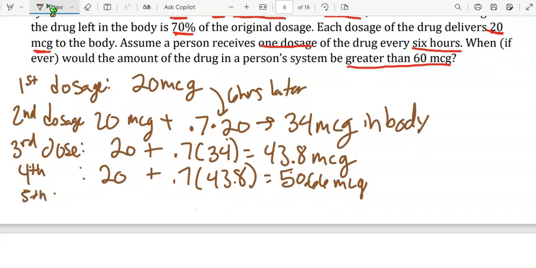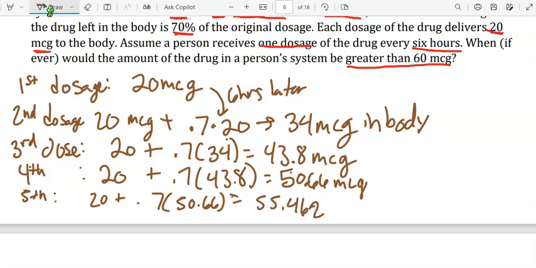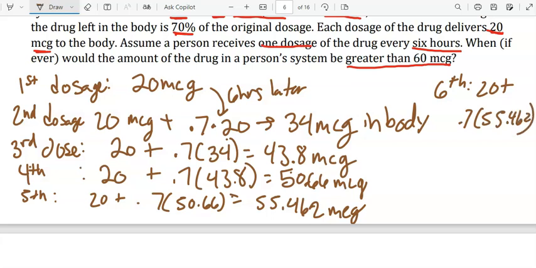And the 5th dose, 20 plus 70% of the 50.66 micrograms. And then we'll add the 6th dose, 20 plus 70% of the 55.462 micrograms.